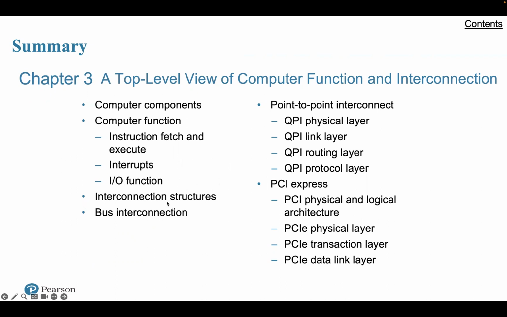We're thinking about interconnection structures, bus interconnections, and then we'll have a couple of things here, thinking of point-to-point interconnects, and also PCI Express, and have some details that get into some of the ways that is utilized in computing systems.